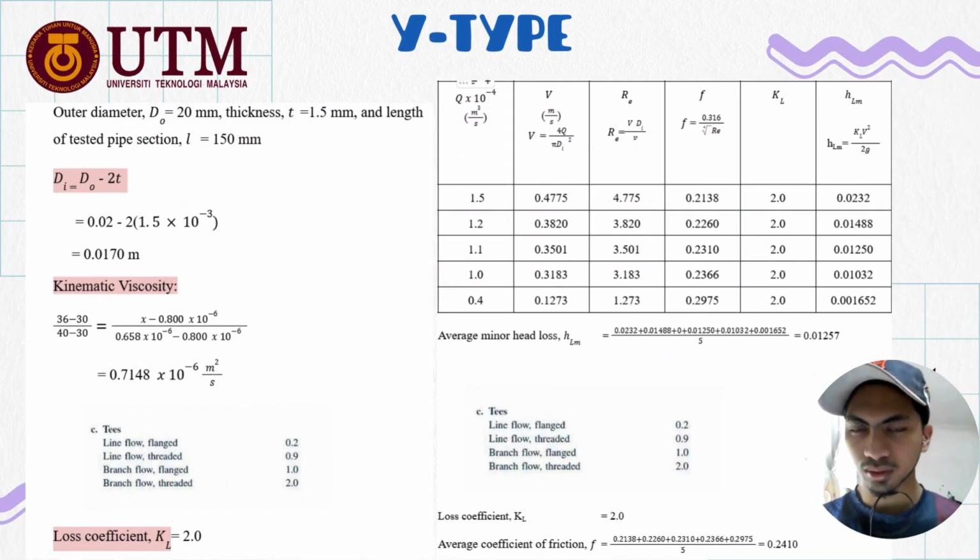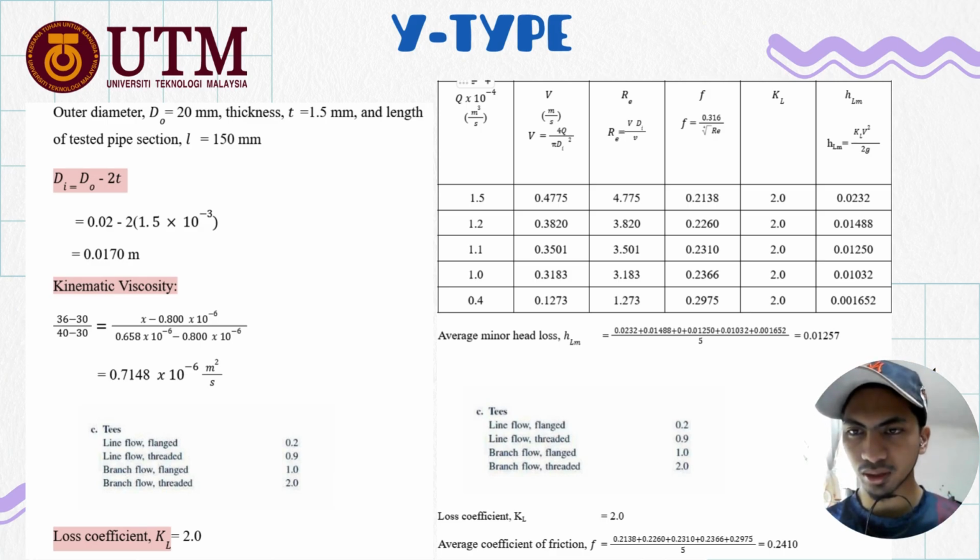So here is the Y type. The position is a Y type. Here first we must find the D outlet. D inlet is equal to D outlet minus 2D. Here the Y type diameter of the inlet and outlet is the same, so just a section of the pipe is different.